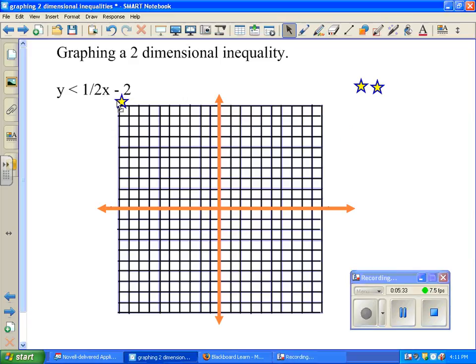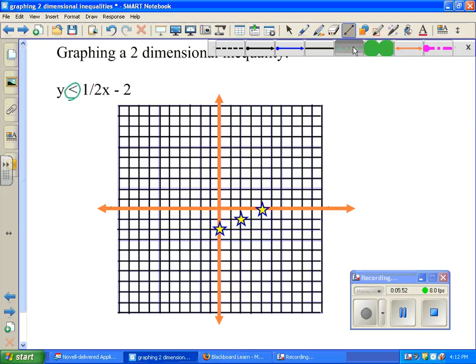Okay, since the y-intercept is -2, I start at -2. Since the slope is 1/2, that means go up 1 over 2, go up 1 over 2. Since this is just less than, that means that we use a dotted line.